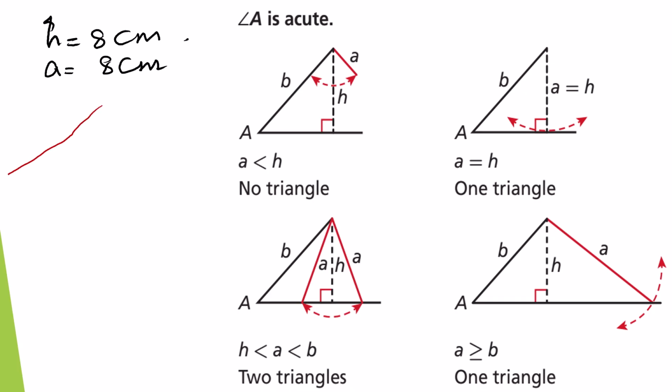I already have been given the two sides, right? I want you to draw it, regardless of whether it drops over here or here. I just want you to make the triangle shape. First of all, the height can be dropped from here, and the height is 8 centimeters. Now I want you to make a triangle.